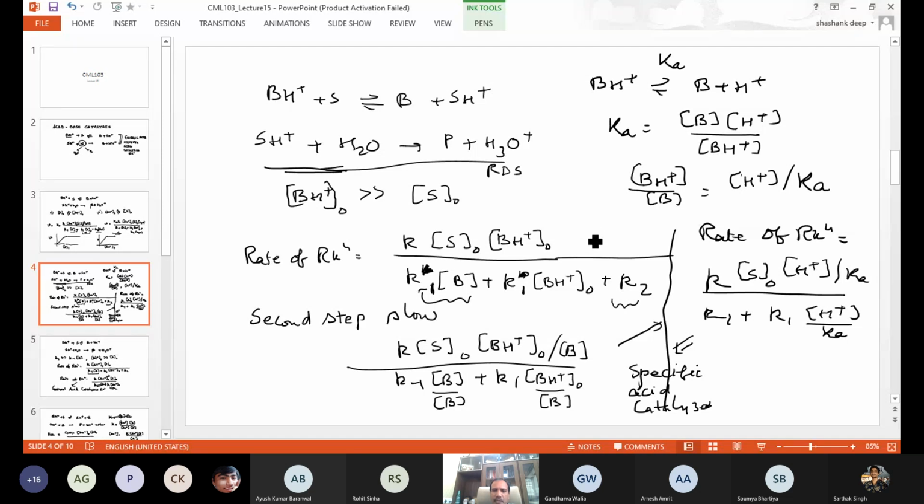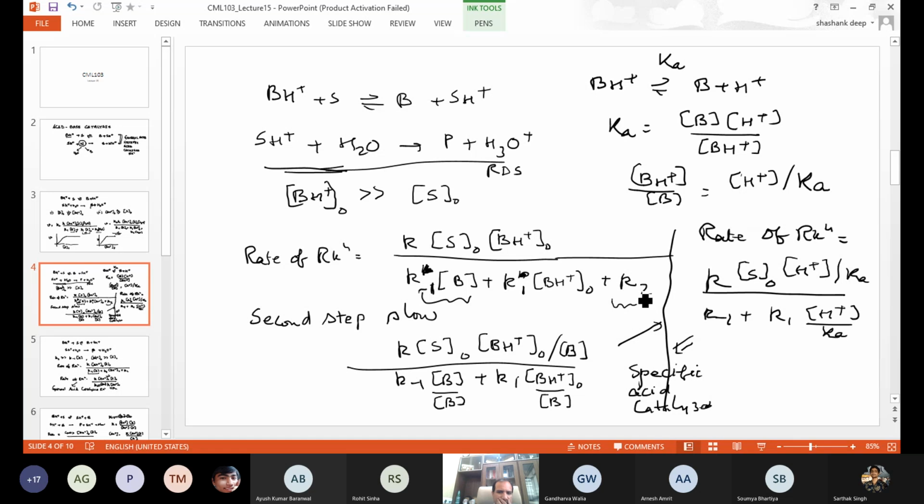Now we have included the concentration of water in this K, and that's why I am writing K naught BH plus naught, K minus 1 B, because there is B formed in the step prior to the rate determining step, plus K1 BH plus naught, because this is in excess. That's what we have seen. I have written here, plus K2.